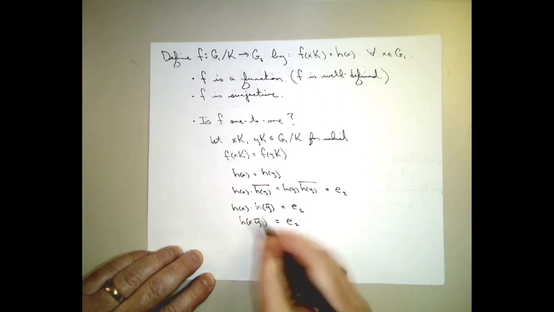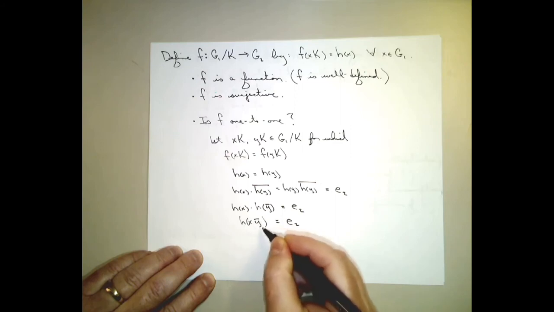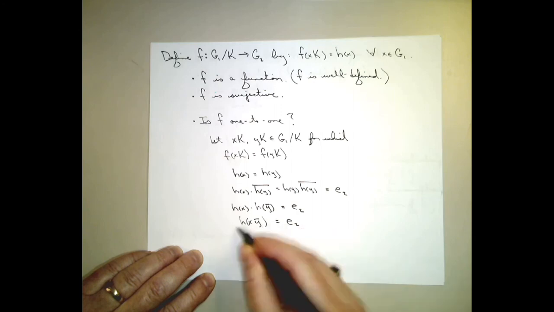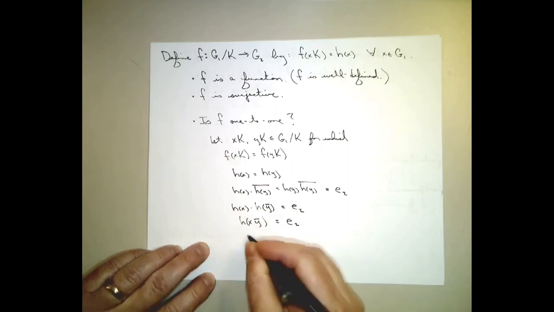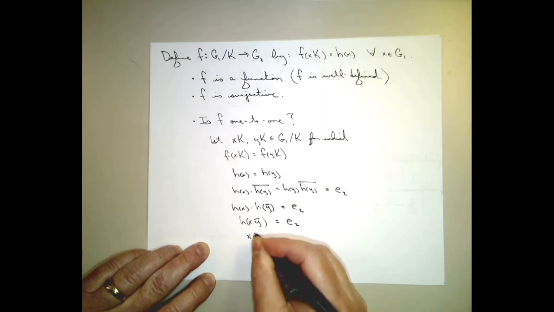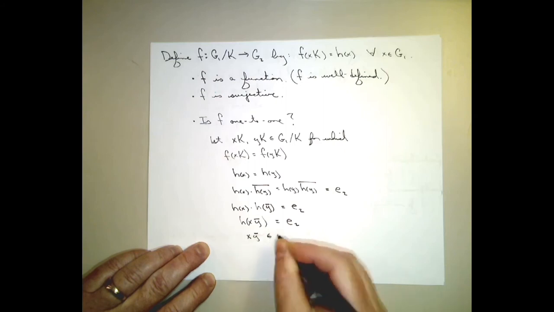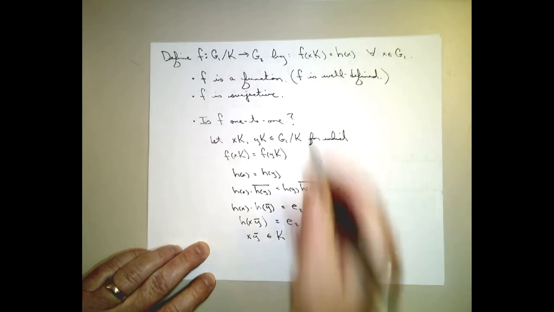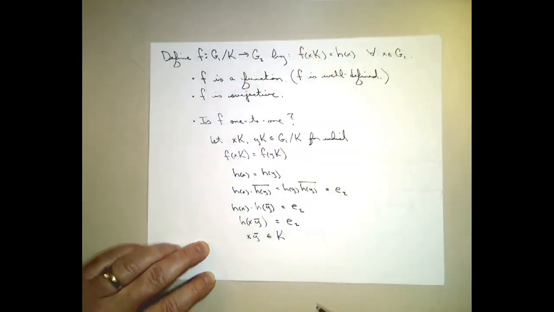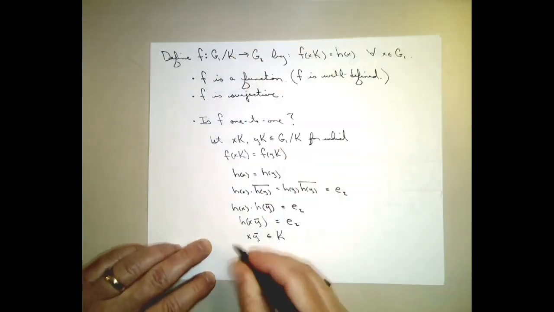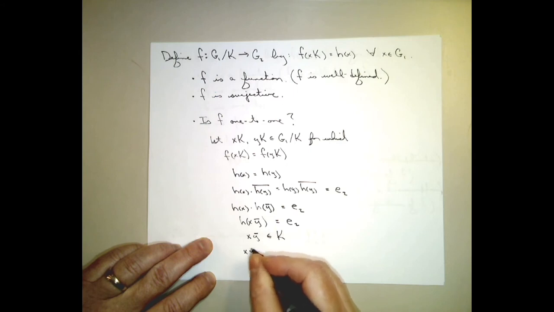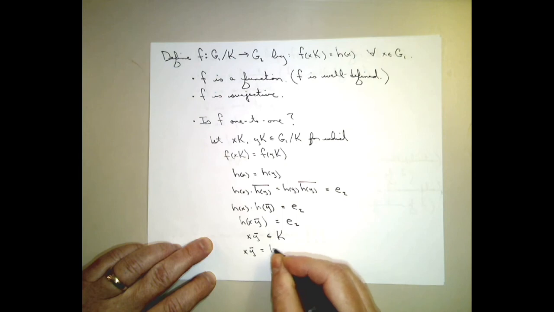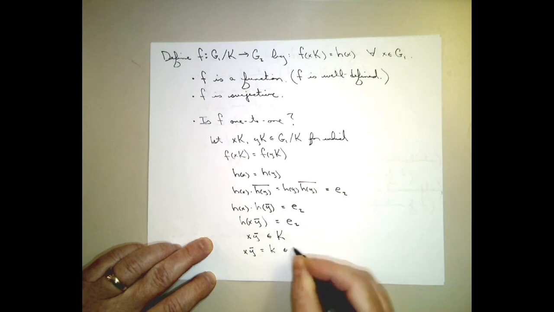Oh, okay, that tells me that x y inverse is in the vanishing set. That's exactly what this means. It means that this element is in K. It's in that vanishing set. And so x y inverse is equal to something in K.